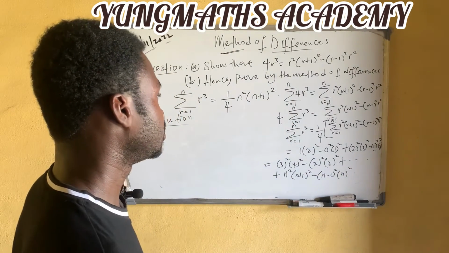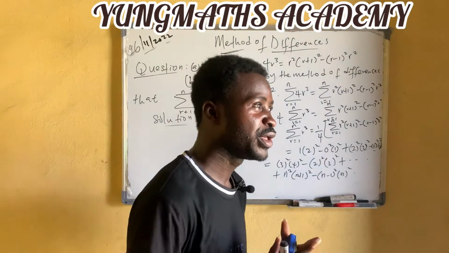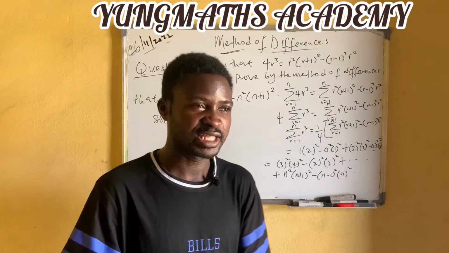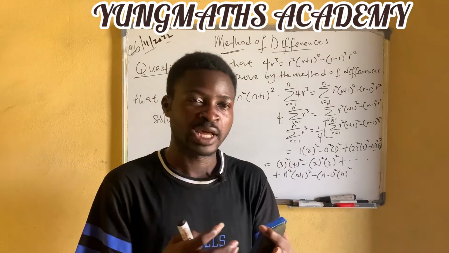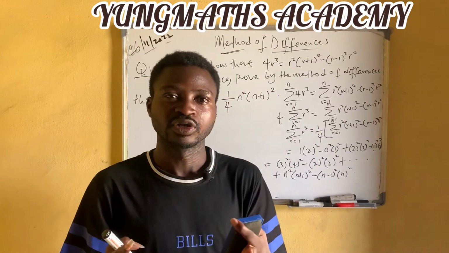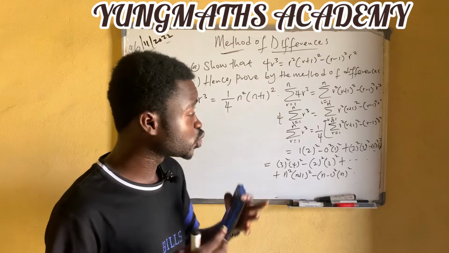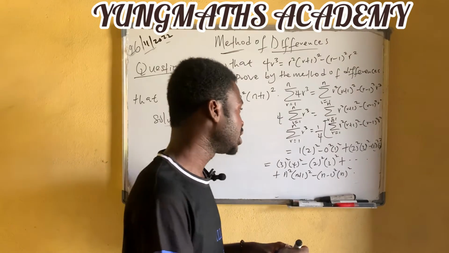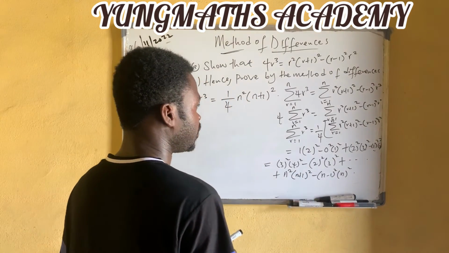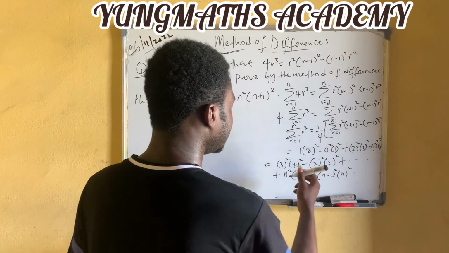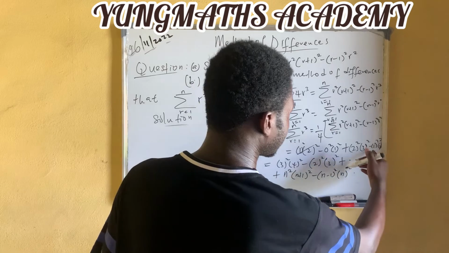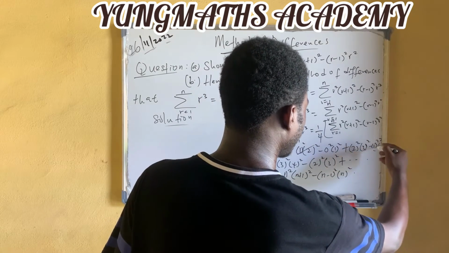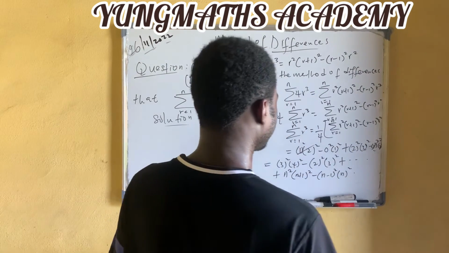Now, the method of difference is all about looking for terms that cancel out, then leave us with a particular number of terms that will remain to give us what we are to obtain. So in this case, if we look at this very well, here we have 1 squared, 2 squared. 1 squared will get rid of this minus 1 squared, 2 squared will get rid of that.